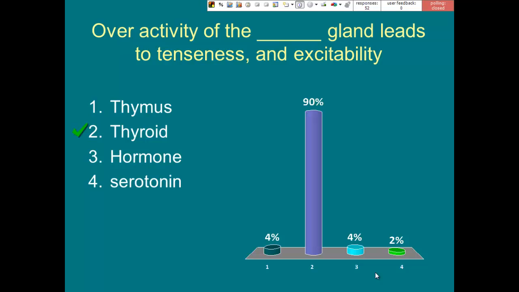So you look through the answers. Is thymus a gland? Thyroid? Yes. Hormone, is that a gland? No, glands release hormones. Serotonin. So even if you didn't know the answer to this one, thyroid is the only one that's a gland. Then you go to which gland leads to tenseness and excitability, and it's the thyroid, an overactive thyroid.